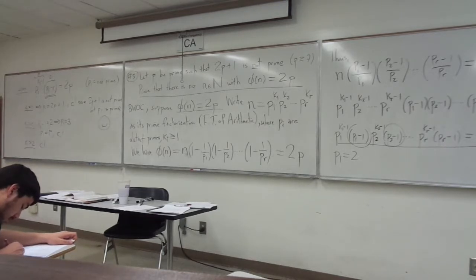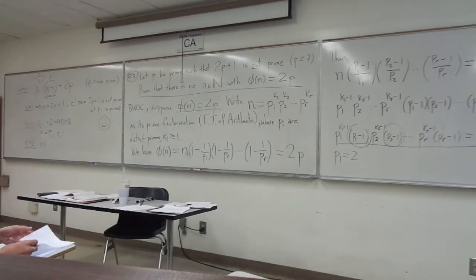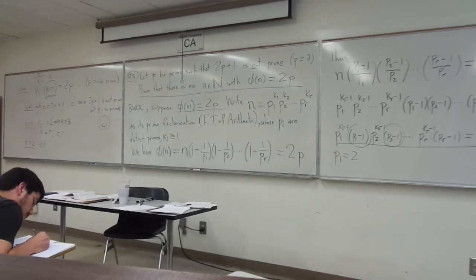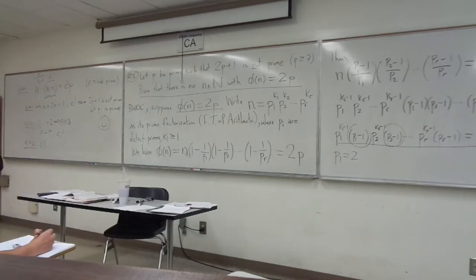You only have one factor of 2 on the right side, so you better only have one on the left side. You're going to get at least one factor of 2 right there, so you can't have any other factors of 2 anywhere else. So this part is gone. And now you have a factorization that resembles the same form that we just did in the previous case. So it reduces to the previous case.